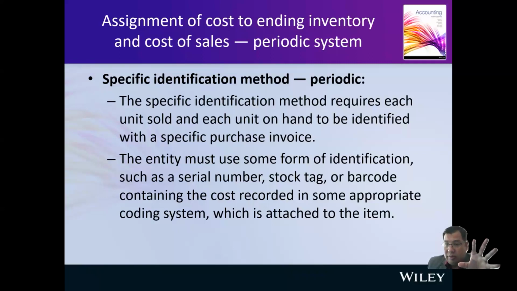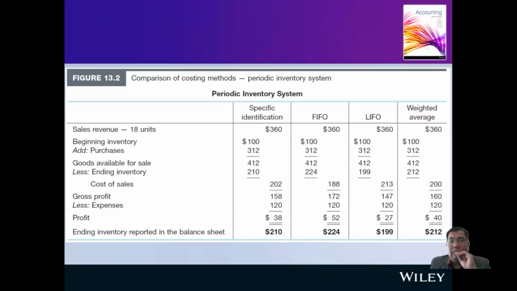If you have a specific method, when you scan the item, you know when you purchased this item and what is the cost of purchase for that stock. That is a very good system. We need a special technology for that.